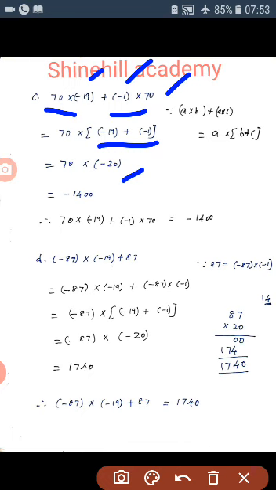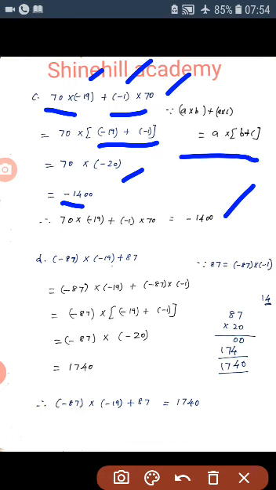So 70 into 20, 7 2s are 14, that is a plus into minus minus, so add the zeros, then what value comes? Minus 1400. Okay, this is for the common same integer. So 70 into minus 19 plus minus 1 into 70 is equal to minus 1400.